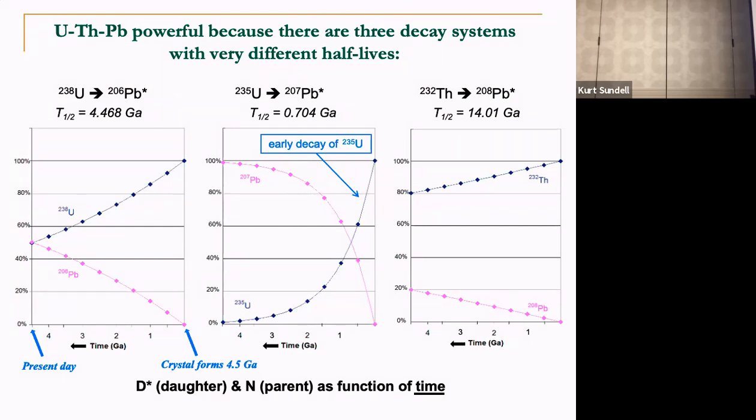So we get this really rapid drop-off in early Earth, where we have that early decay of uranium-235 and rapid increase in the amount of lead-207. And again, for that thorium-lead system, really long half-life, not great for dating a lot of processes that we're interested in unless you've got lots of thorium-232 in your system.